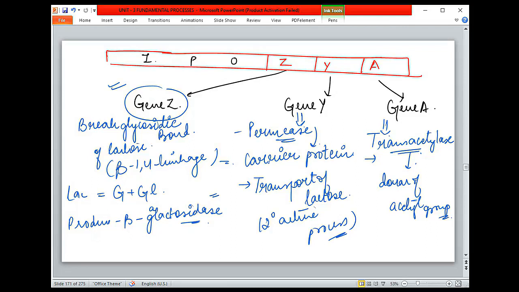You'll have to make sure that you are working hard on your end and noting down the important things also. So you have gene Z, gene Y, and gene A. Each of these has a specified role to perform, and collaboratively, three of them in a very coordinated fashion are getting the metabolism of the lactose done. Just check over here if you have any doubt.